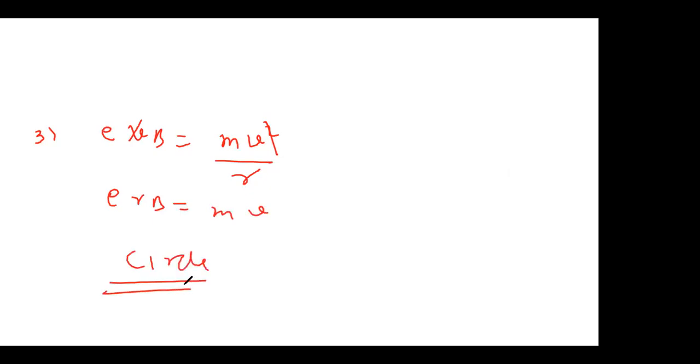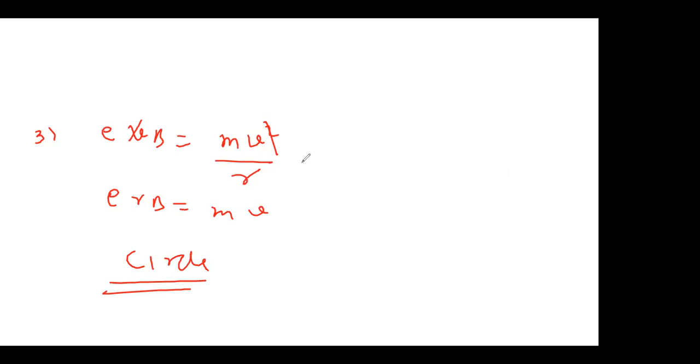Electron, meaning cathode ray, enters the electric field, then the magnetic field. Then the path will be a circle. Circle is given in D.